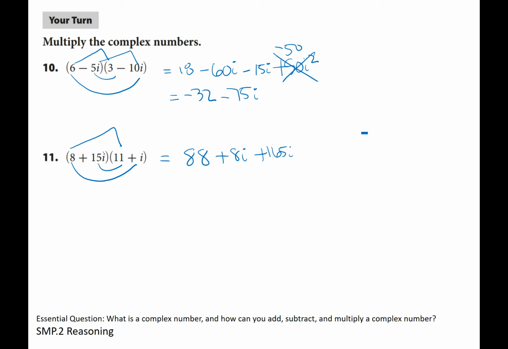And then we've got 15i times i is 15i squared, which is better known as negative 15 because the i squared is negative 1. We're going to combine like terms, so 88 and negative 15 is 73. And then 8i and 165i is 173i.